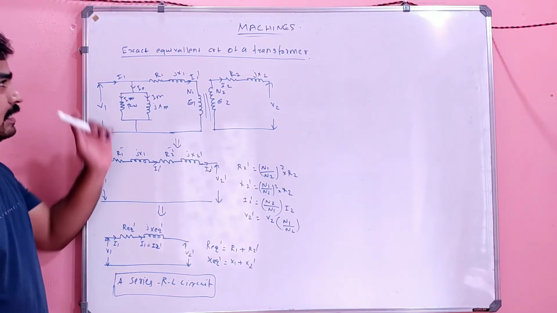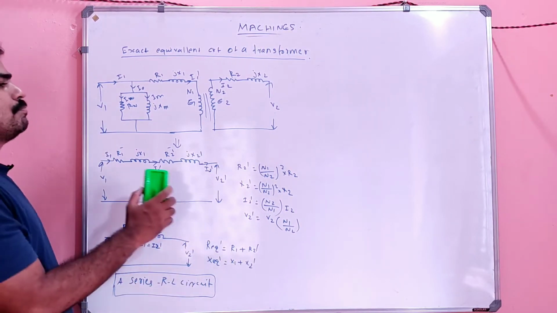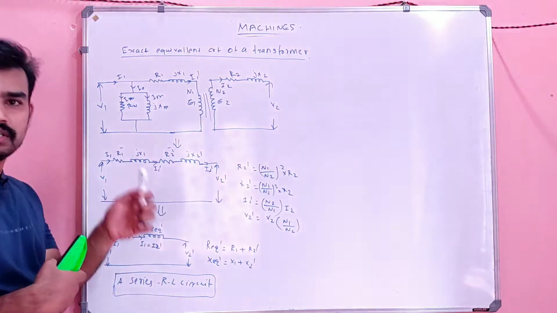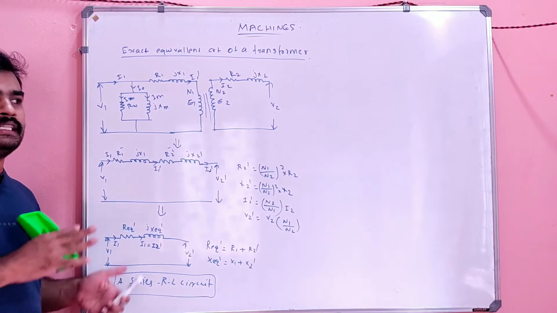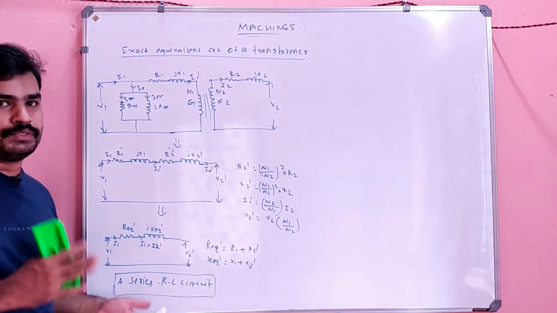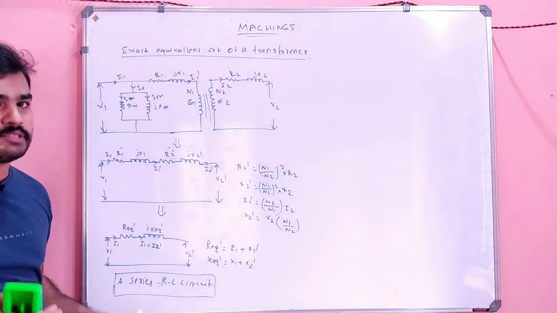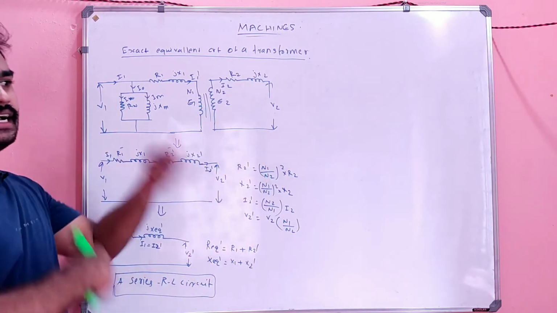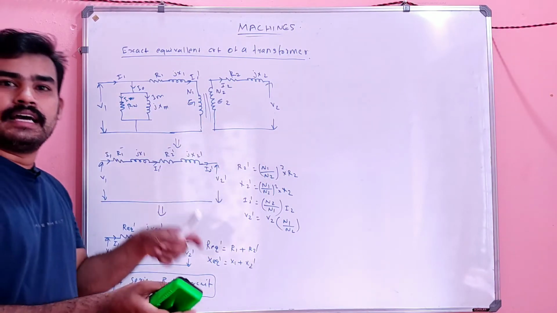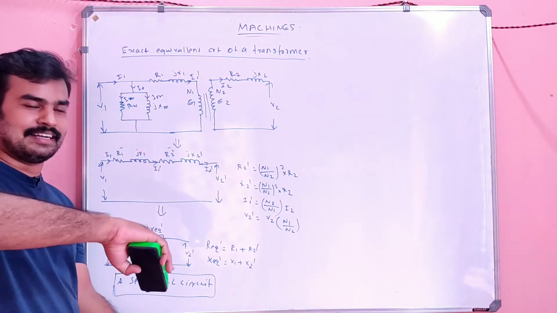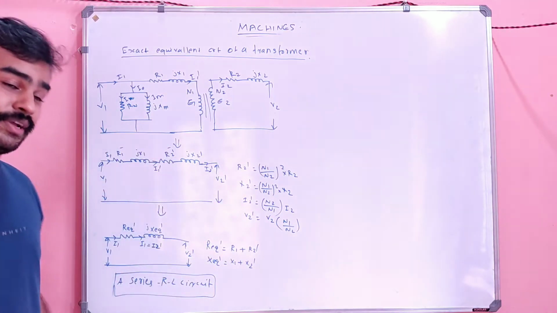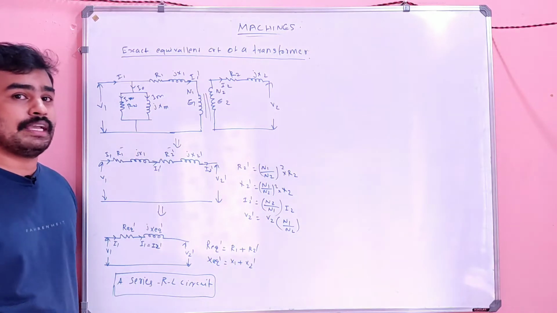So that's all about the exact equivalent circuit, and we will do some more problems regarding the transformation. That's very important. From the numerical point of view, the chances of questions from this session come from the conversion. What will be the resistance referred to secondary, referred to primary, reactance referred to secondary, reactance referred to primary, that type of question you may expect.